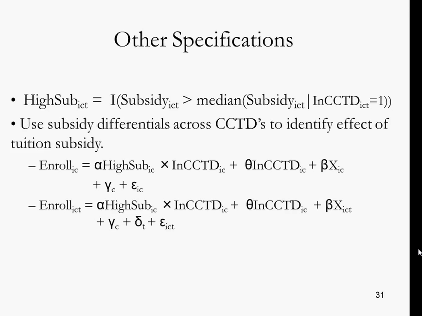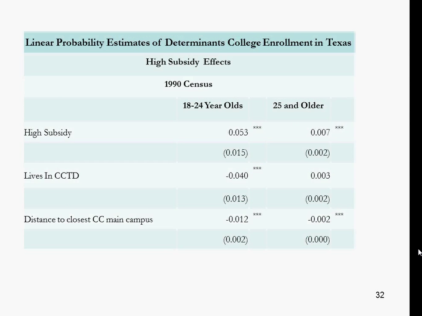So when we do this, the only thing you'll notice is the signs are switching because subsidies are good things. So the more you get, the more likely you are to go. And so we can see in the 1990 census, those in high subsidy districts are about 5% more likely than those in low subsidy districts, and about 0.7% more likely for the 25 and older group.